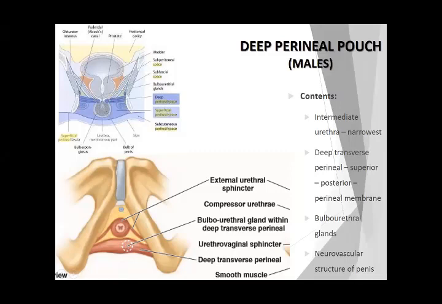You have to lift this deep transverse perineum to see the bulbourethral glands. In other words, the bulbourethral glands are resting directly on the perineal membrane. ये देख लीजिए, ये bulbourethral glands, ये white, they are lying on the perineal membrane. This over here would be the perineal membrane. And of course, don't forget the neurovascular structures, nerves and blood vessels.